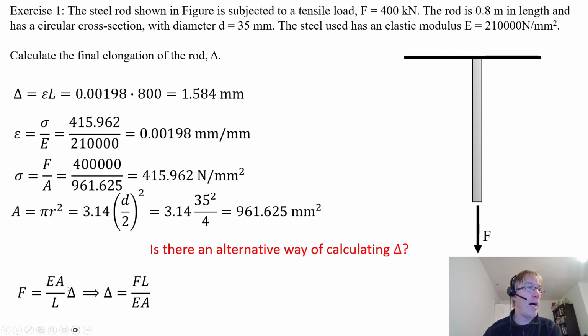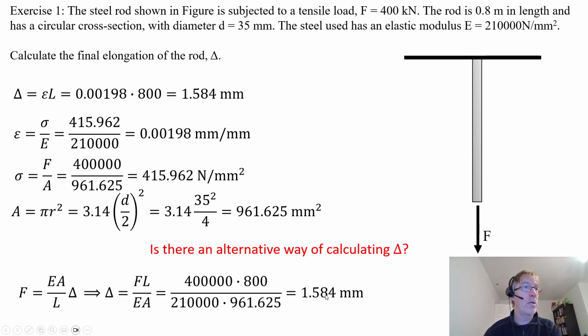If we just use that, and we bring delta out, we have the force, we have the length, we have the elasticity, and all we really need to calculate would be that cross-sectional area. That makes the equation much quicker and much easier to calculate without having to go through these two additional steps. And we get the same answer, obviously.